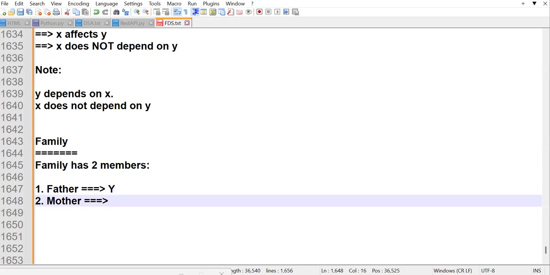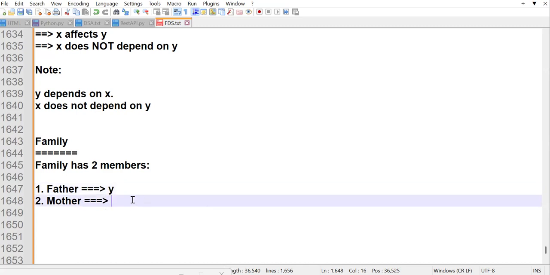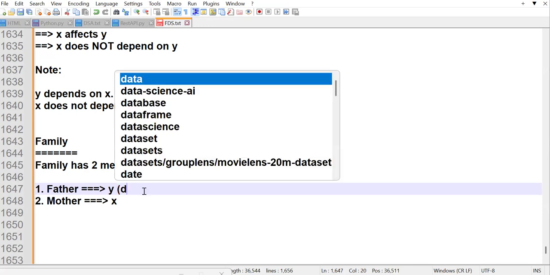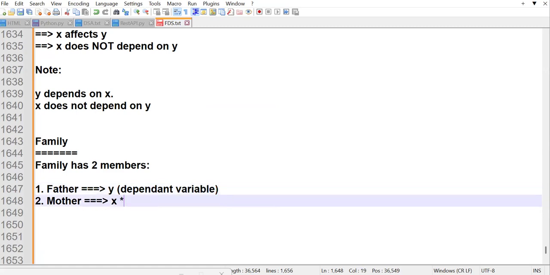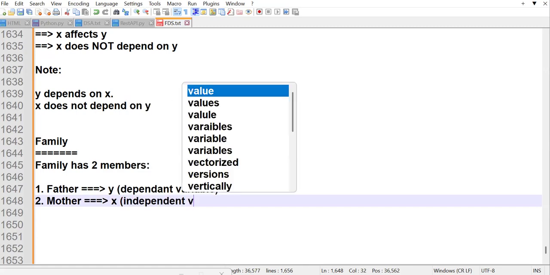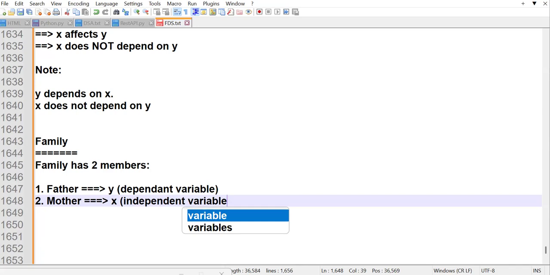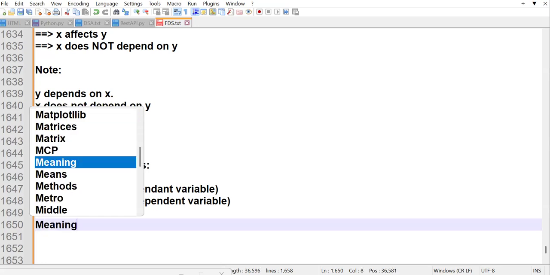And we can say mother is X, the independent variable. I'll give you more examples if you are facing issues understanding.